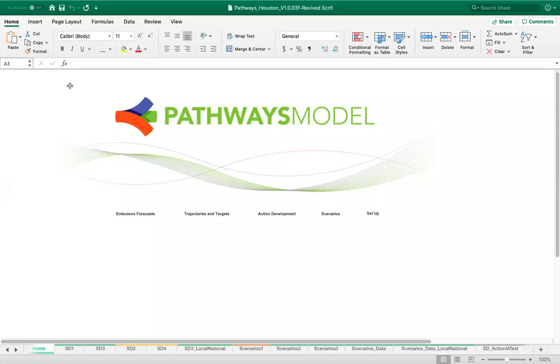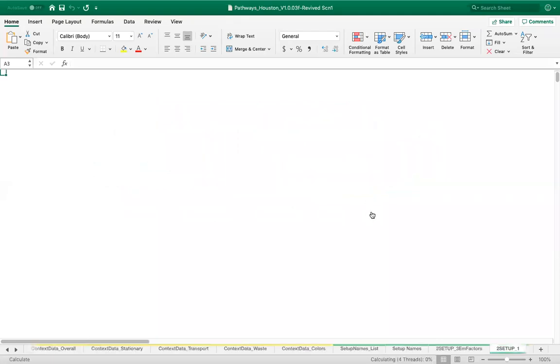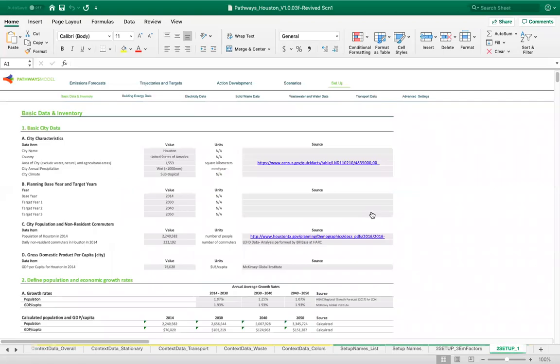So let's start with setup on the right-hand side there, primarily because this is always going to be your first step. What the setup module is looking to do is establish the characteristics for the city that has been modeled. Number of people, population, building archetype, weather, and so on and so forth.